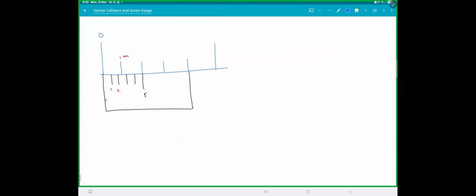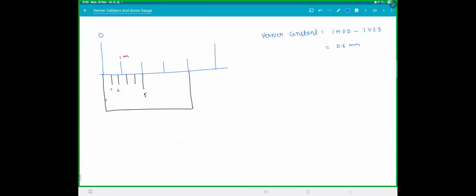Look at this. If you actually look at the divisions here, this is how the picture will look, right? So if you actually find the Vernier constant, which is one main scale division minus one Vernier scale division, this is actually 0.6 mm.